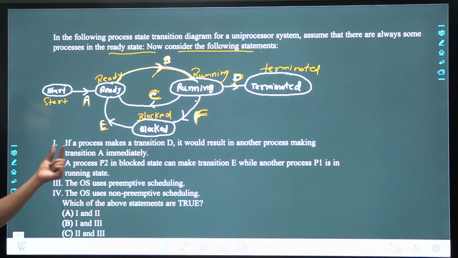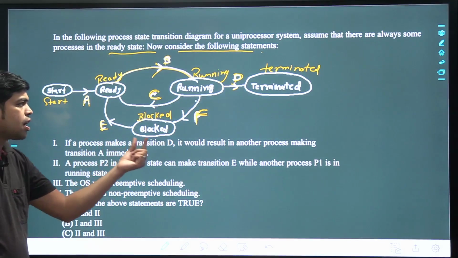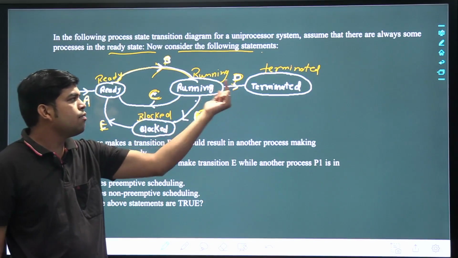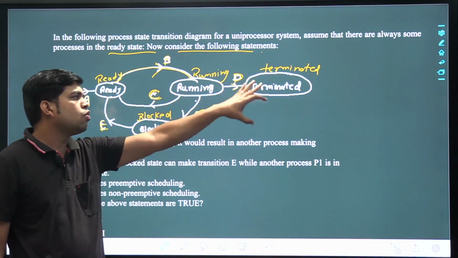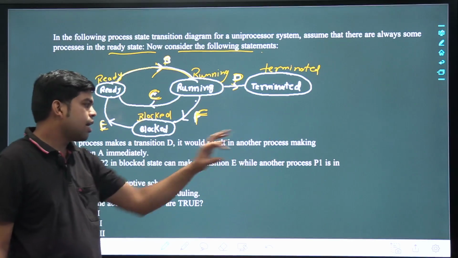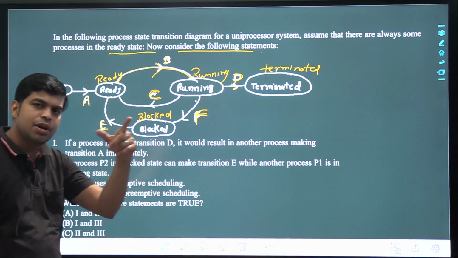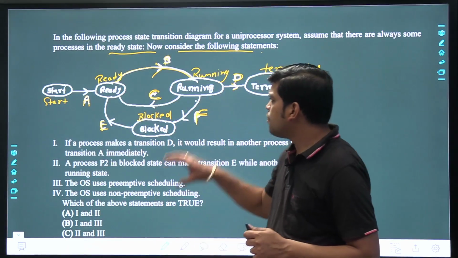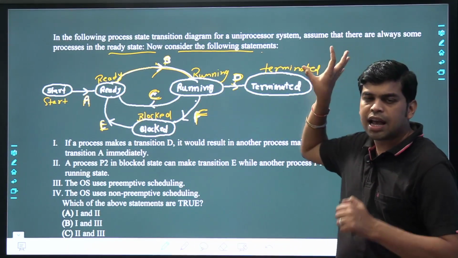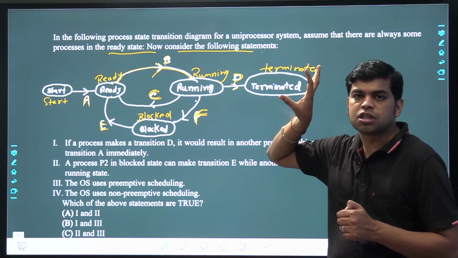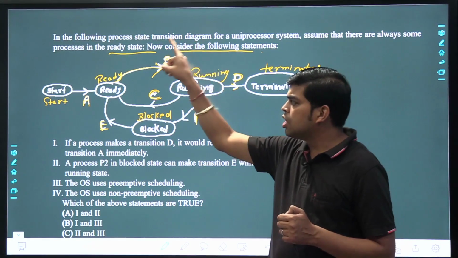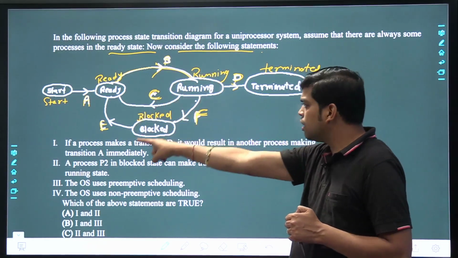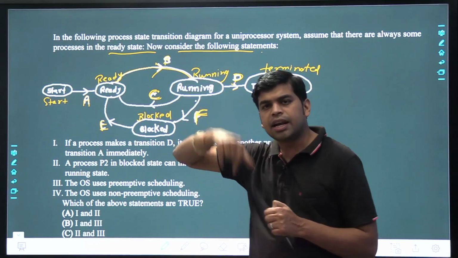Now the question is the first statement: if a process makes a transition D, meaning it moves from running to terminated, it would result in another process making a transition A immediately. So is it correct? Meaning if any process is terminated from the system, at the same time a new process arrives in the ready state.